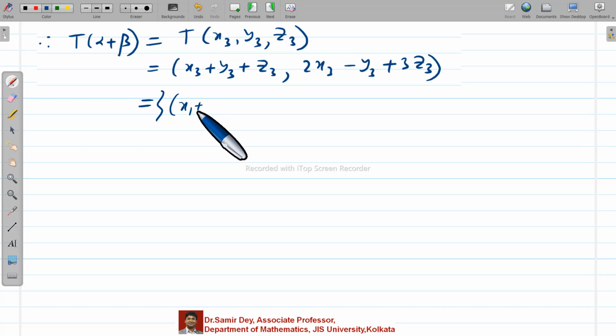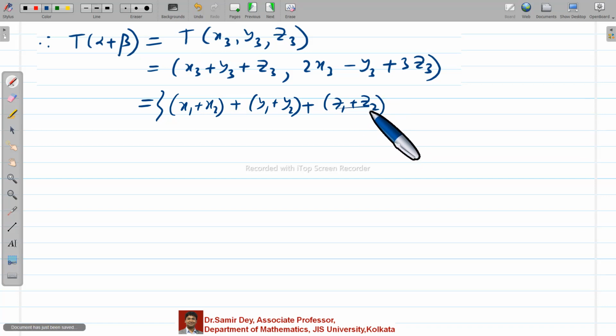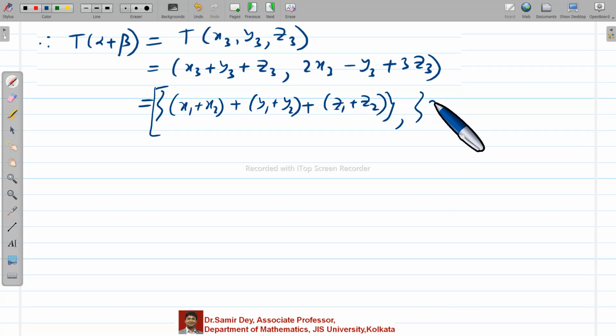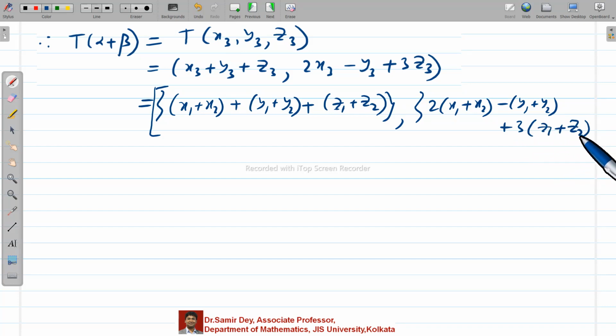That is (x1 + x2) + (y1 + y2) + (z1 + z2), comma, 2(x1 + x2) − (y1 + y2) + 3(z1 + z2). Clear? So now we want to separate it.